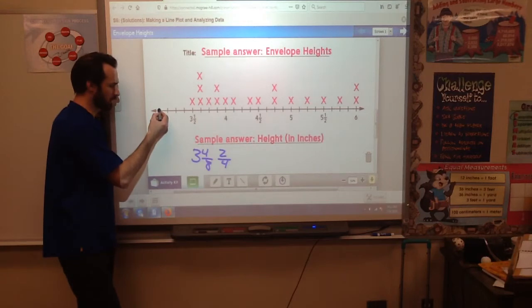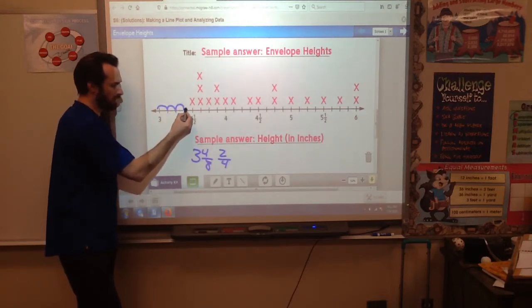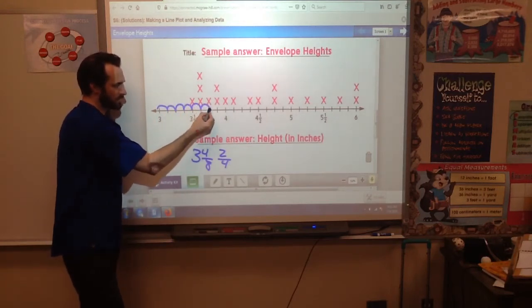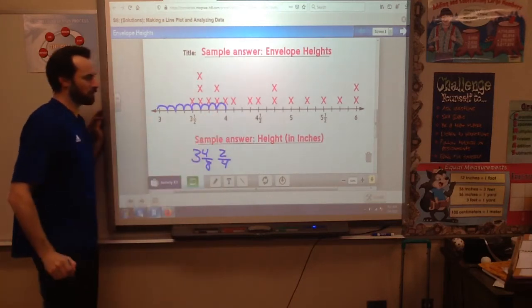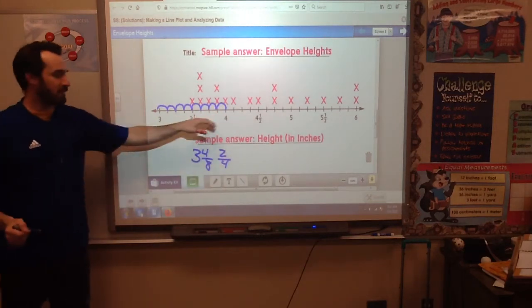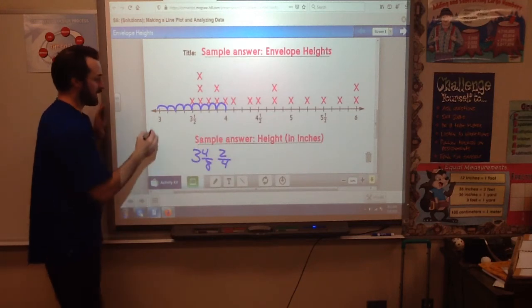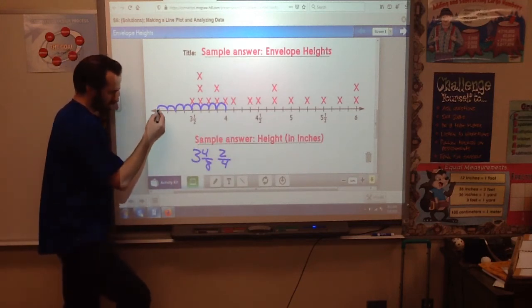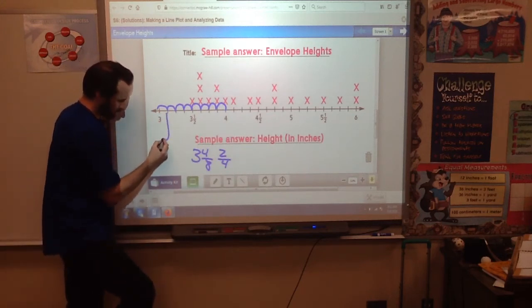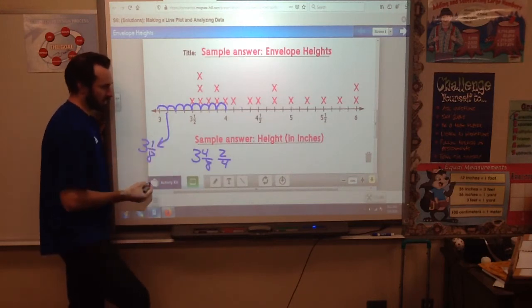If you look, there are 1, 2, 3, 4, 5, 6, 7, 8 jumps between 3 and 4. So every odd numbered one, like this first one right here, is 3 1/8. It's 1 out of 8.